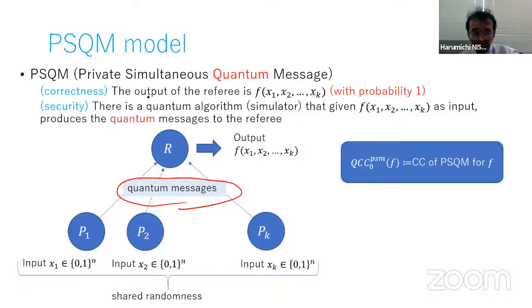Now, correctness: we can consider the perfect case, the no error case, and the bounded error case, but in this talk, we consider the exact case. This communication complexity we denote PSM 0. 0 means no error.